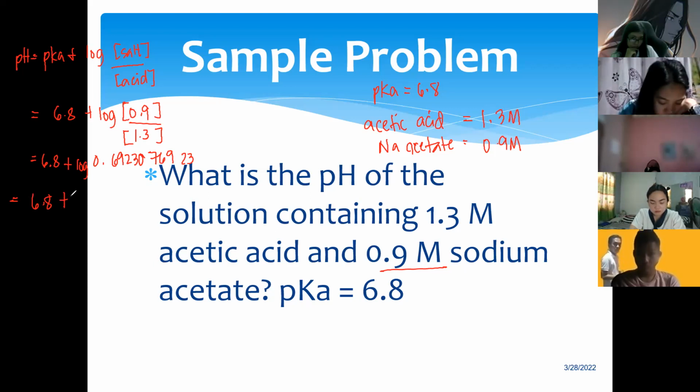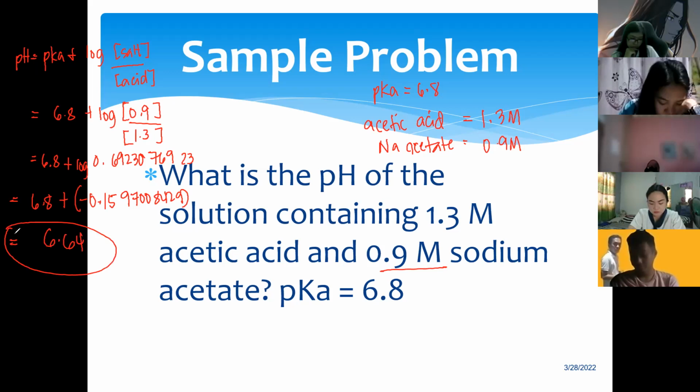So, log of 0.6923076923 is negative 0.1597008429. So, i-add natin siya doon sa 6.8. The answer is 6.64. So this is now the pH of the prepared buffer solution.